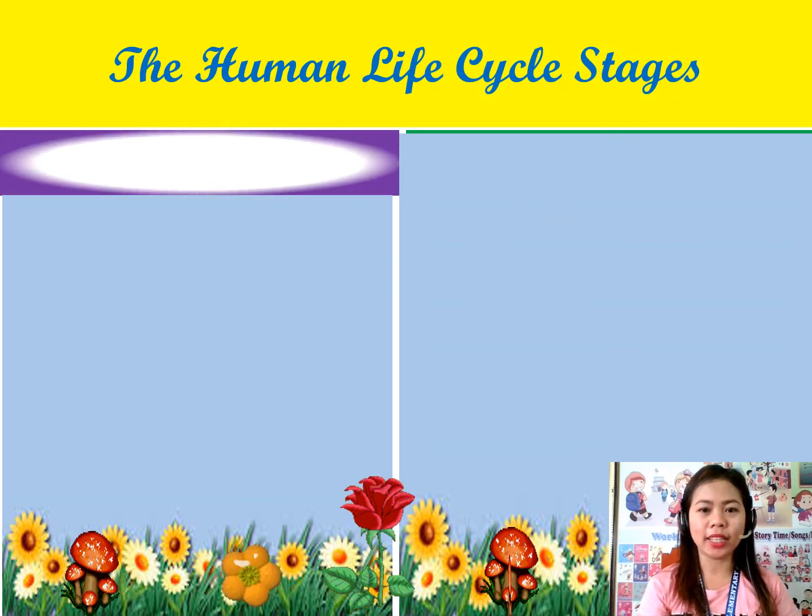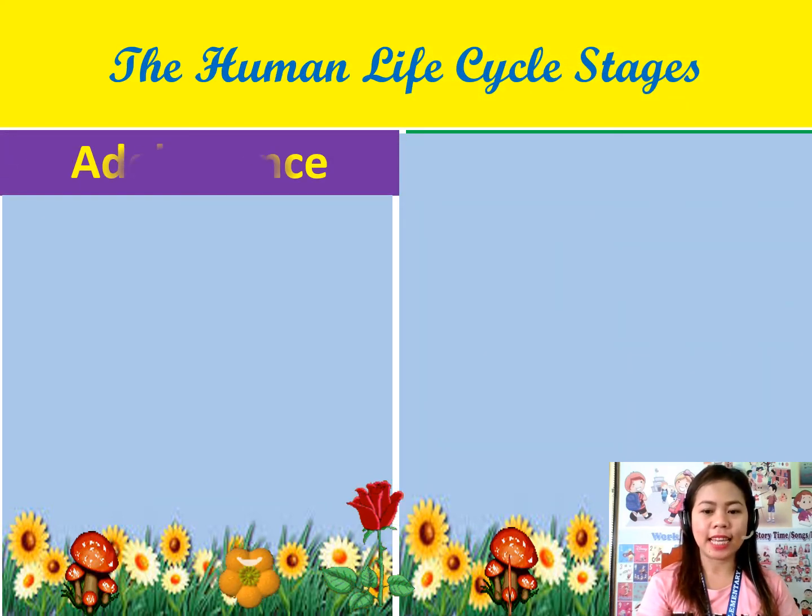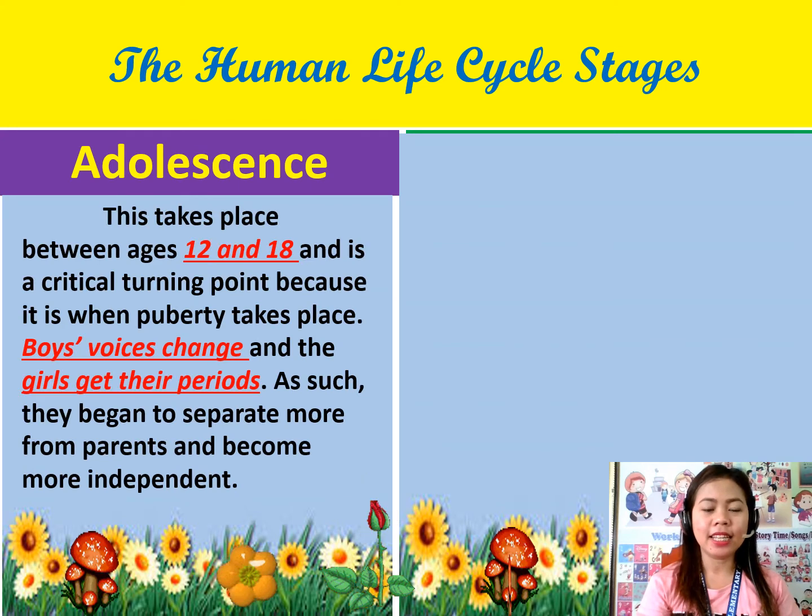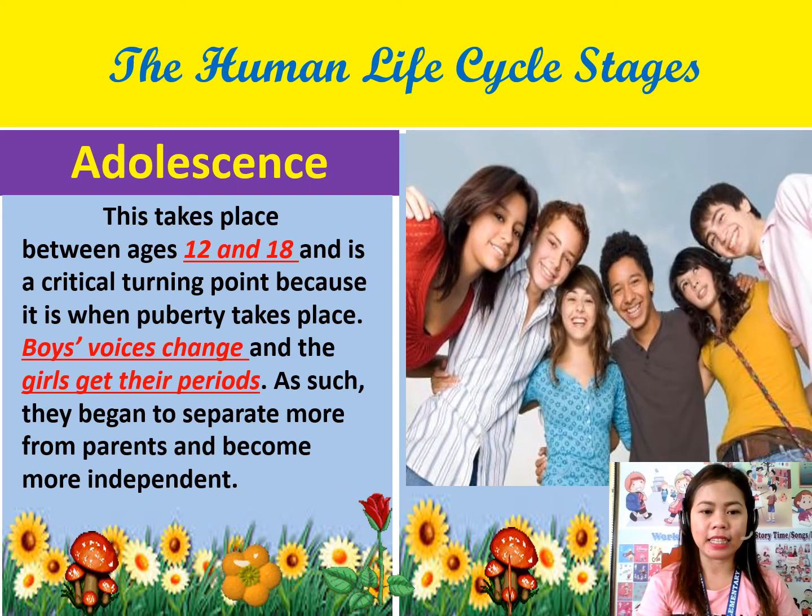The fourth one is adolescence. This takes place between ages 12 and 18. It is a critical turning point because it is when puberty takes place. Boys' voices change and the girls get their periods. As such, they begin to separate more from parents and become more independent.